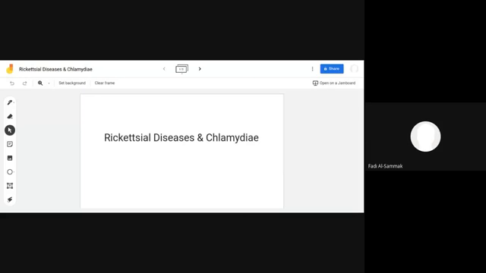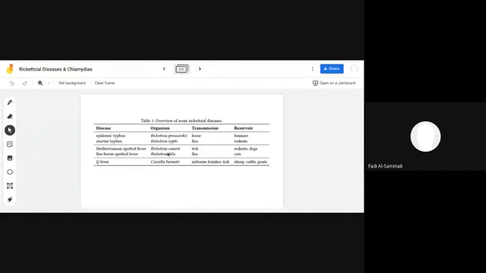And if you see this table here, we have the disease, and we have the organism causing that disease. We have the transmitting vector, and we have the reservoir host here. So as you can see from this table, we have three major groups. We can classify these diseases into three.